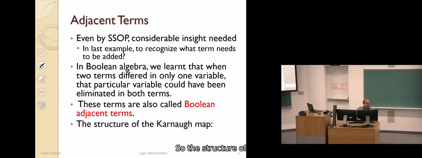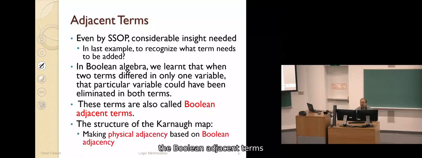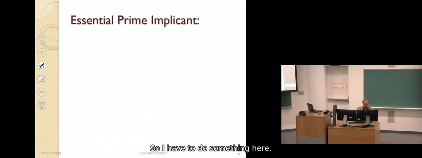So the structure of the Karnaugh map makes the Boolean adjacent terms adjacent graphically in the map. That's very good. You can see with your eye, you look at that, and you say, oh, okay, they are adjacent, so I have to do something here.